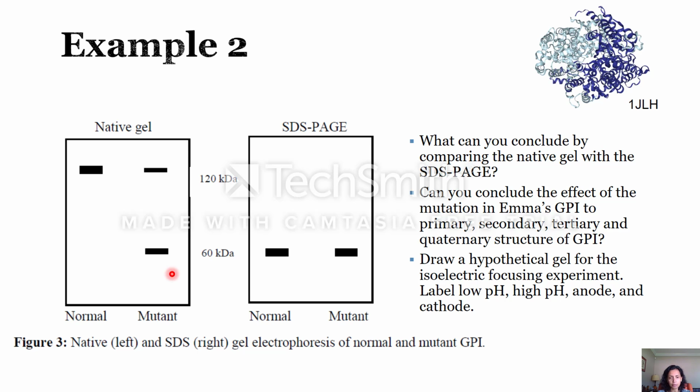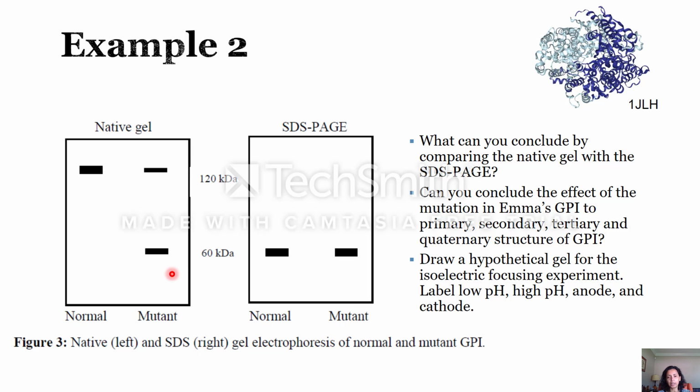And then once they finish this part, they're again given another set of story where they're given substrate concentration versus Vmax for Emma's GPI, and they calculate the Km, and then they are told that certain intermediates are found in higher levels in Emma's red blood cells.